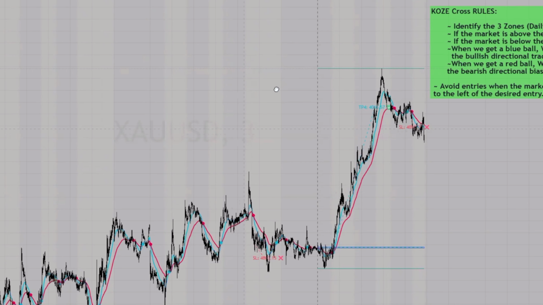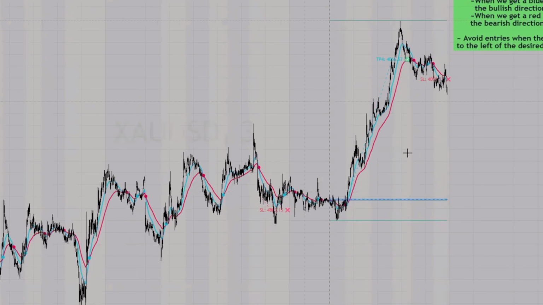Like I said from yesterday's call, we're not going to see the previous zones on Koze Cross because we want to make sure we're having a cleaner chart. And we do have an EMA running as well for Koze Cross. So the EMA stays running throughout and you can see how the market moves with the EMA. But then the daily zones are only going to show on the most recent day.